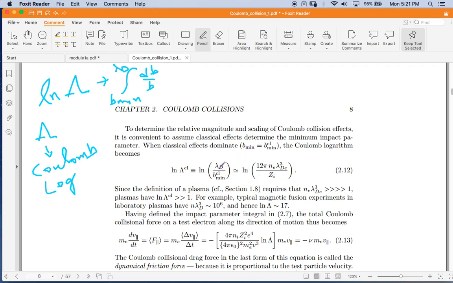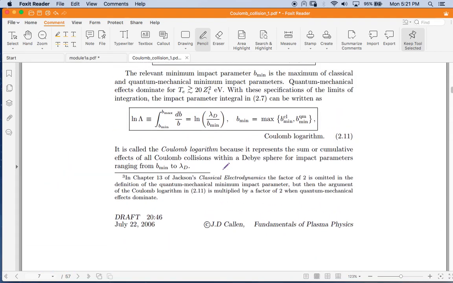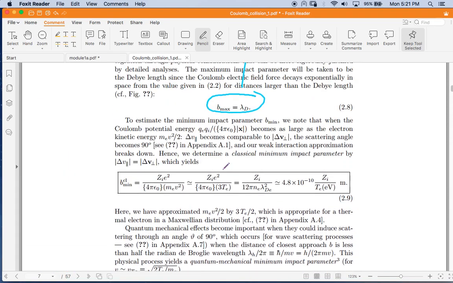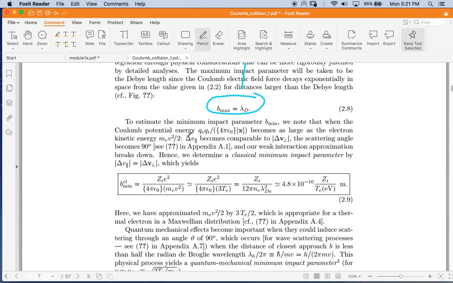If you adopt the classical minimum impact parameter, which is determined when you demand that the kinetic energy be equal to the Coulomb potential energy, in other words, delta V parallel becomes comparable to delta V perpendicular, I would urge you to verify that this is indeed so.